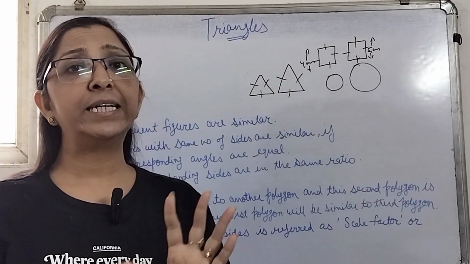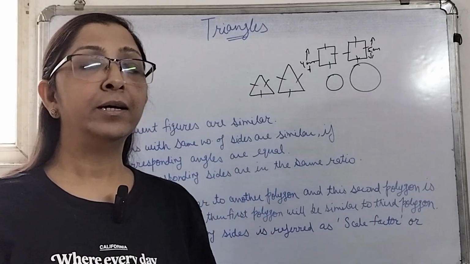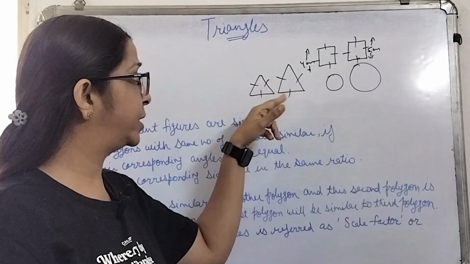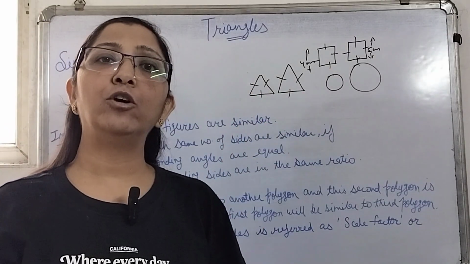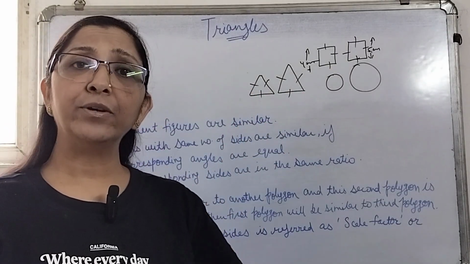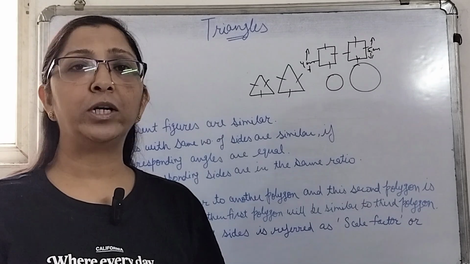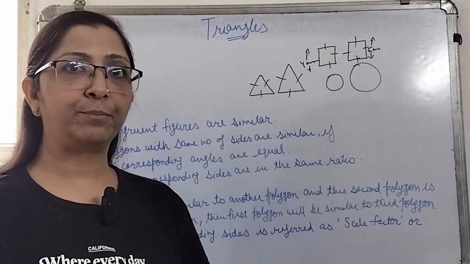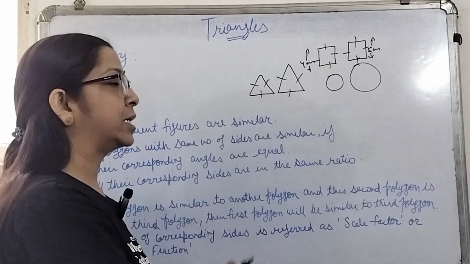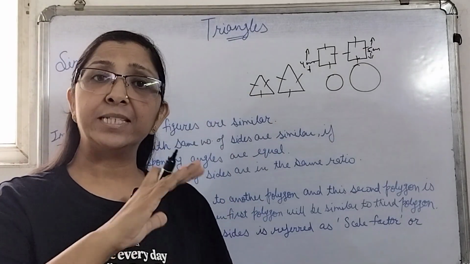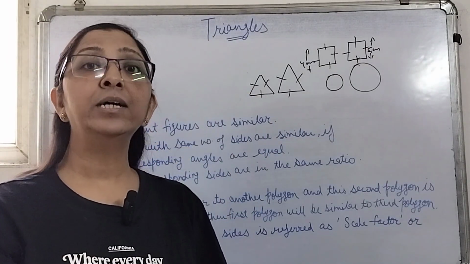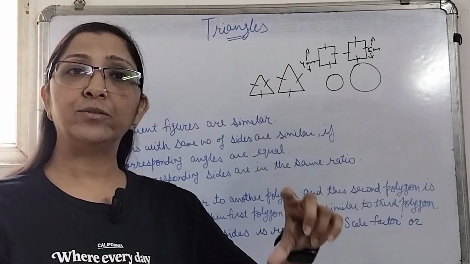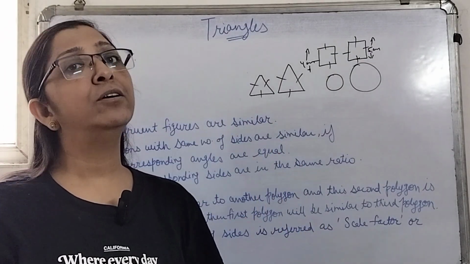Whenever we take any regular polygon, all the angles will be equal and all the sides will be of equal measure. So if we compare two regular polygons with the same number of sides, they will be similar to each other, although the measure of the side could vary.